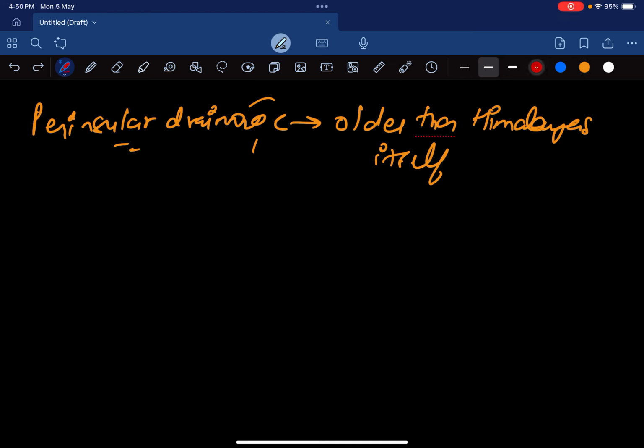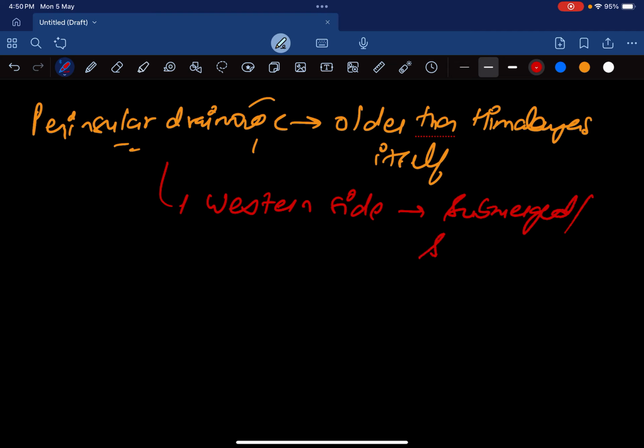Further, the western side is submerged or subsided, while the eastern side is emergent.